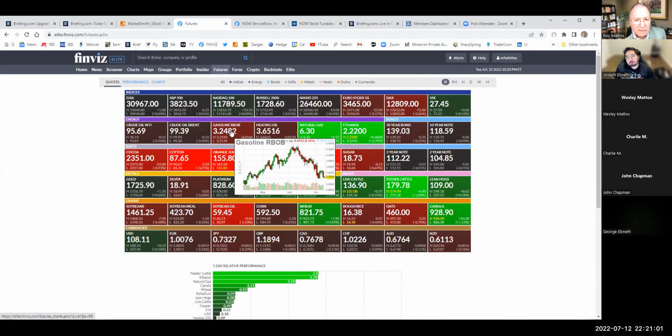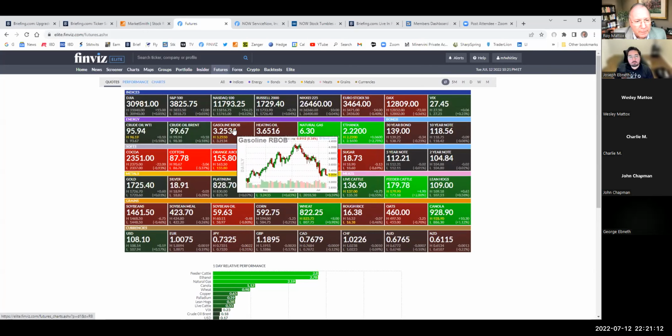Gasoline is down 25%. Gasoline went down 27 straight days. This hasn't really made it to the pump, I don't believe. This is a lagging indicator, but gasoline's peaked because of demand destruction.